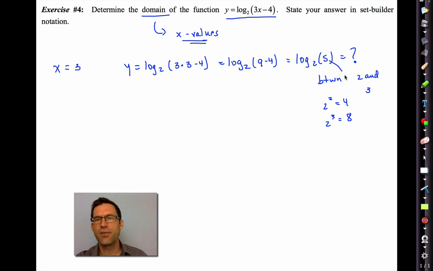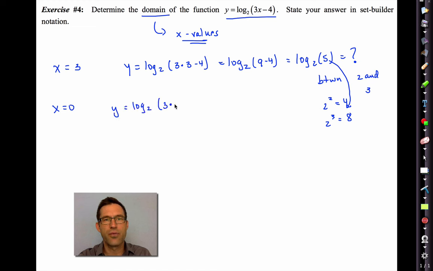So there's definitely some output to that. But why don't we try x equals 0? What would happen? Well, y would be equal to the log base 2 of 3 times 0 minus 4, which would be the log base 2 of negative 4. But the problem is there's absolutely nothing we can raise 2 to get negative 4, so there's no output.